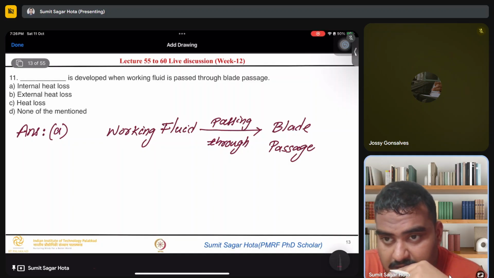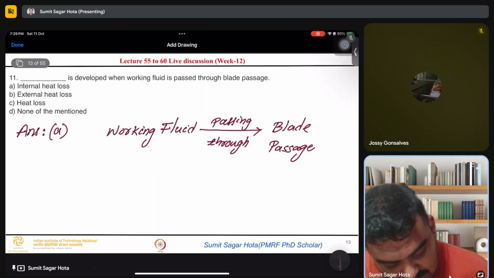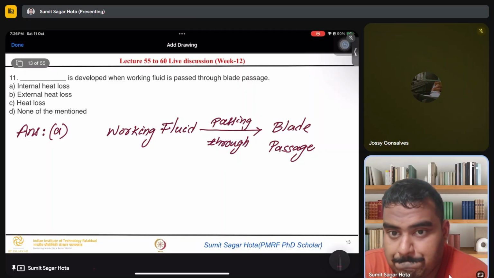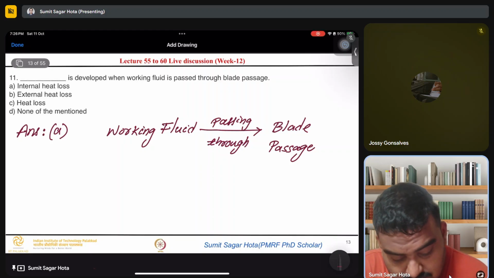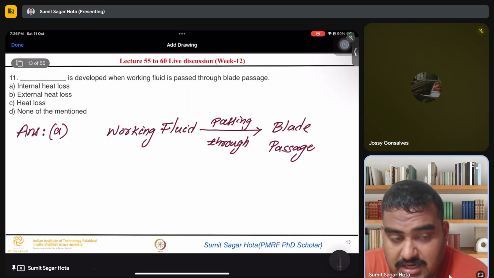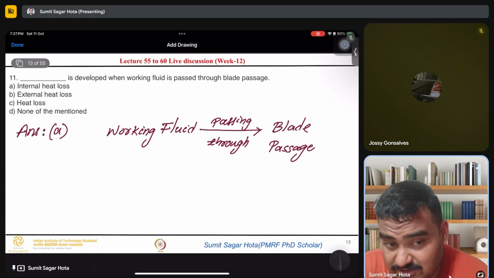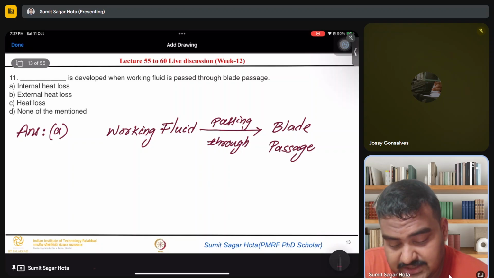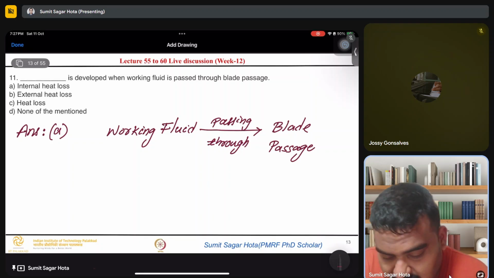So the combustor exhaust is modeled in such a way that it cannot reach the melting point of the gas turbine blades. Otherwise there will be a melting of the gas turbine blades. And when this working fluid passes, there will be chances of internal heat loss.